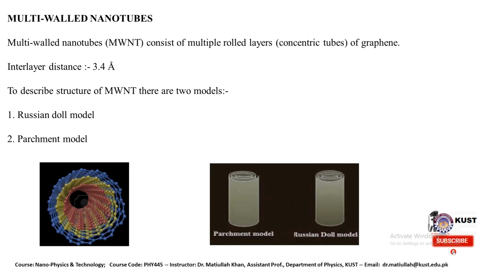Moreover, different models have been presented to describe the structure of multi-wall carbon nanotubes. One is the Russian doll model and another is the Parchment model, describing the structure of multi-wall carbon nanotubes.